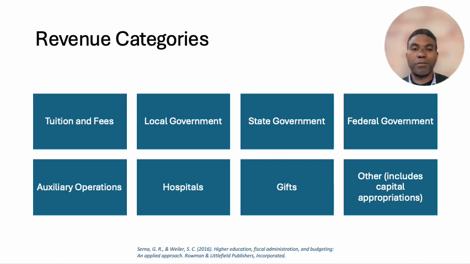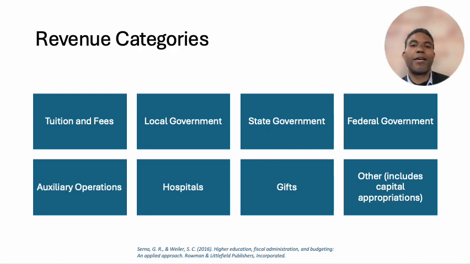So again, what are those categories? Things like local government, state government, federal government, tuition and fees, gifts, hospitals, auxiliary operations, and other, which could be capital appropriations.